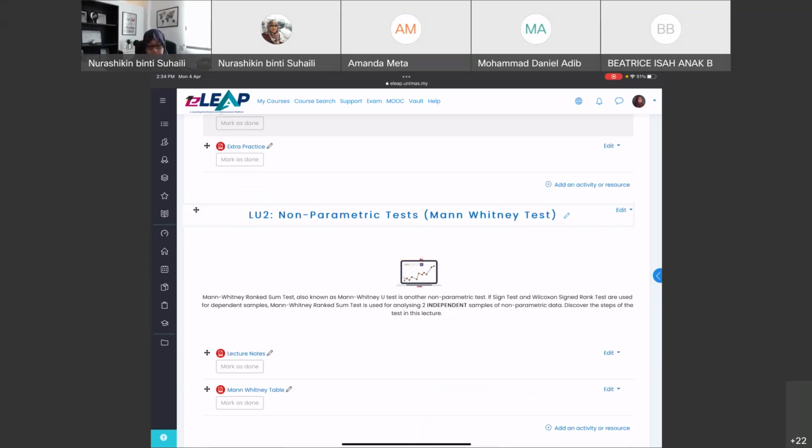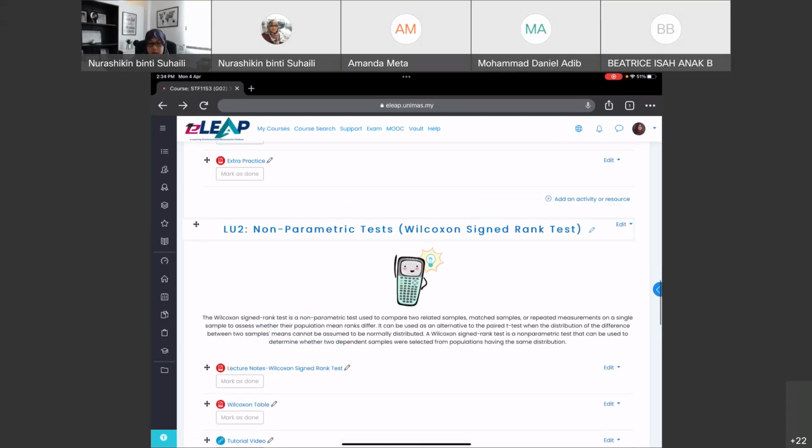So what's the difference between the first two tests that we have discussed and the test we're going to discuss today? Previously, the Sign Test and Wilcoxon Signed Rank Test were both for non-parametric data, but the difference is in terms of the data. The Sign Test and Wilcoxon Signed Rank Test are used to analyze dependent samples. What is meant by dependent samples?